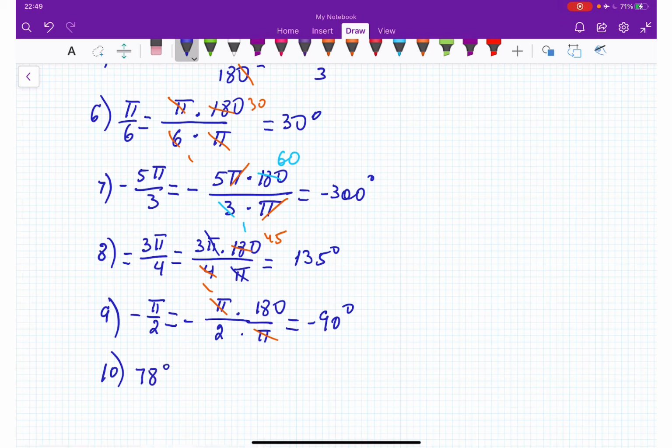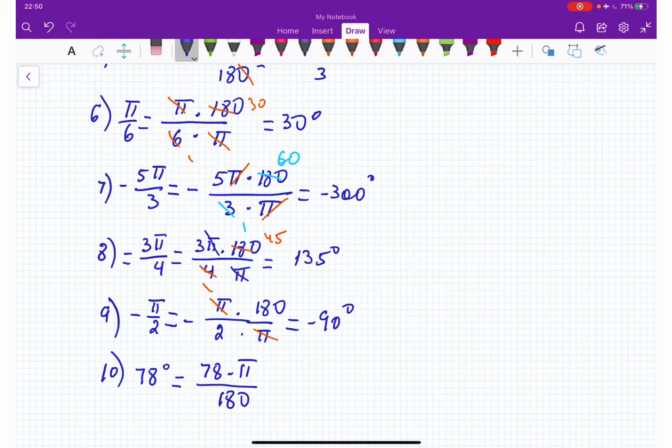Question number 10. 78 degrees. Okay, now what if we are not getting a whole number or fraction? If I want to know precisely how many radians, not with pi, but precise with a number, what can I do in this case? I'm going to write down again 78 times pi over 180.